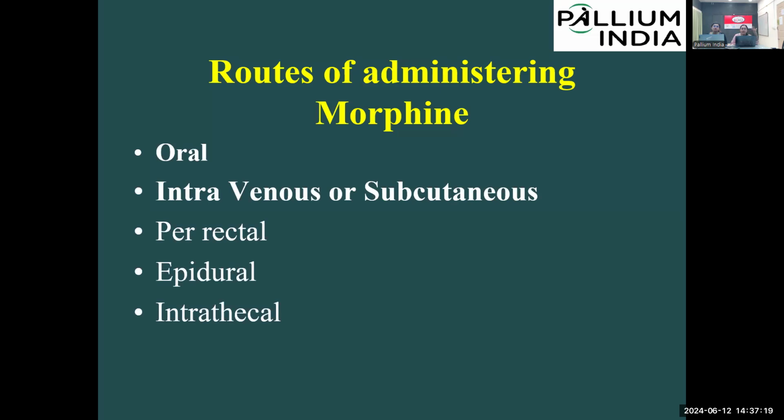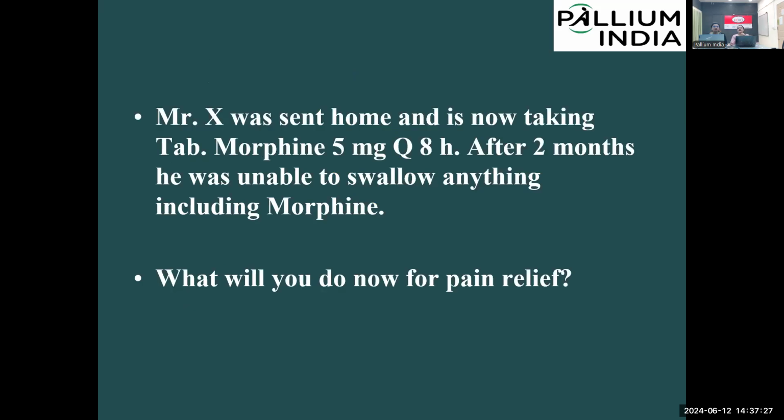So coming back to the patient story. Next slide, please. Can somebody answer, how can we help this patient? The patient is unable to swallow anything. Dr. Aisha, I can see that your hand is still raised. Do you want to unmute and ask something?